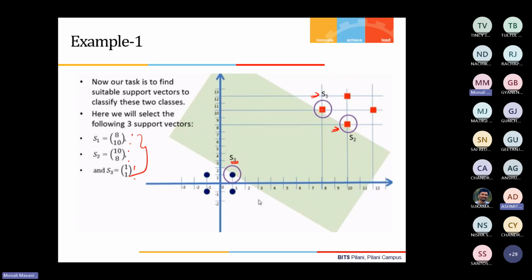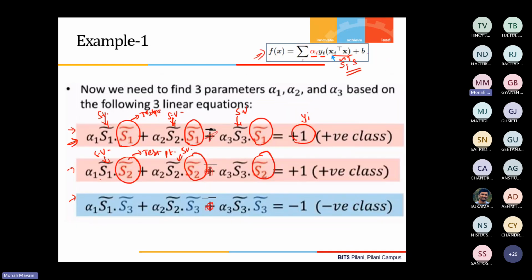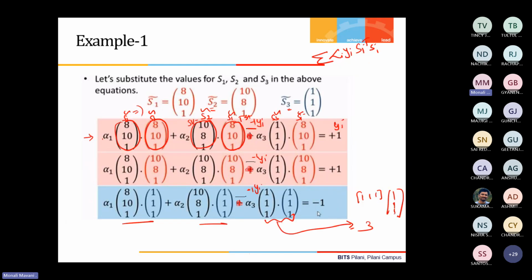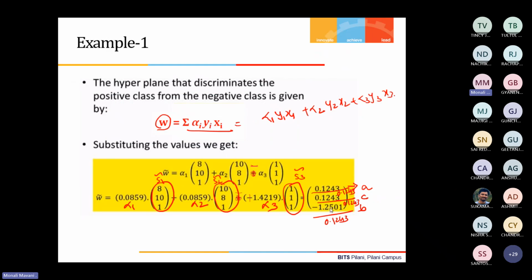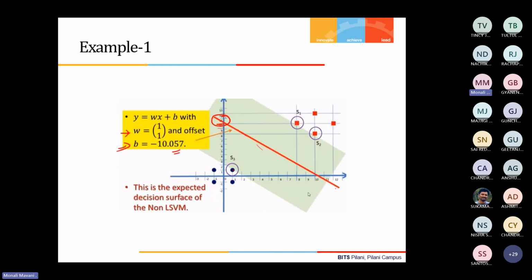We can't do it because it's very difficult to solve the entire problem with pen and paper. Here we are just using the same support vectors, calculating the value of alpha, which will give us the W value, and W will give us the slope and intercept of the decision boundary. That way we are solving the problem.